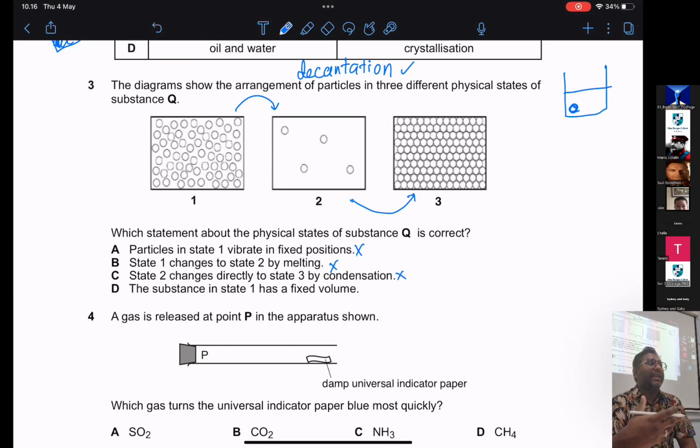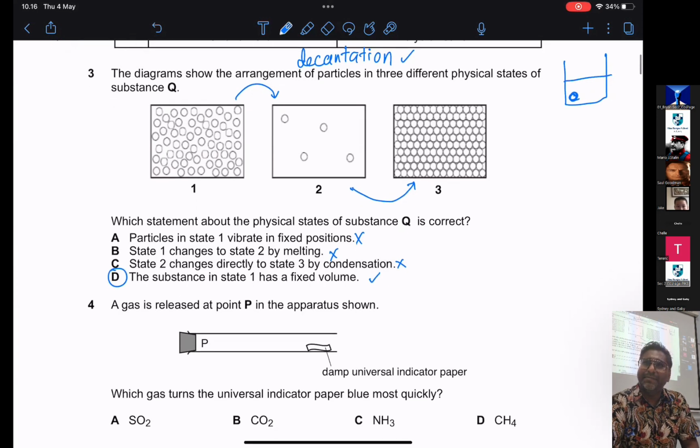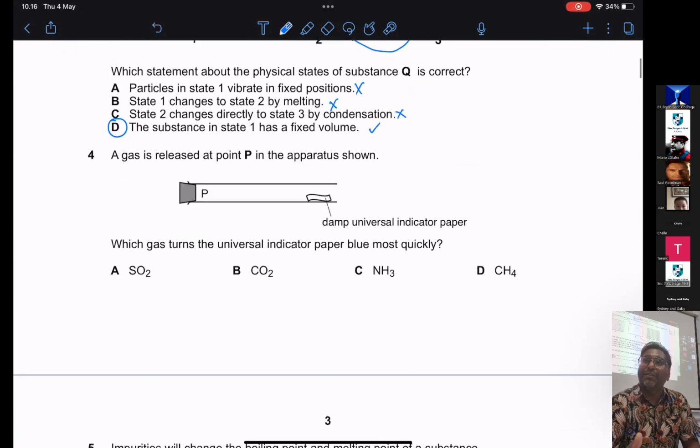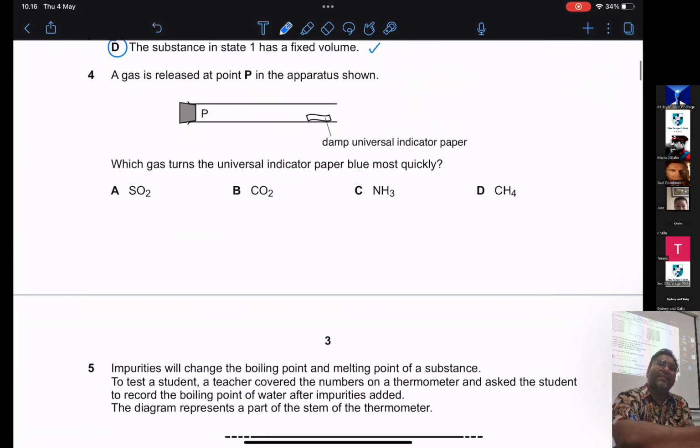It means now gas changing into solid directly. So what type of change is that? Is it condensation? No. It is sublimation. Do remember, gas to solid, solid to gas, we use the term sublimation. So this one is also wrong.